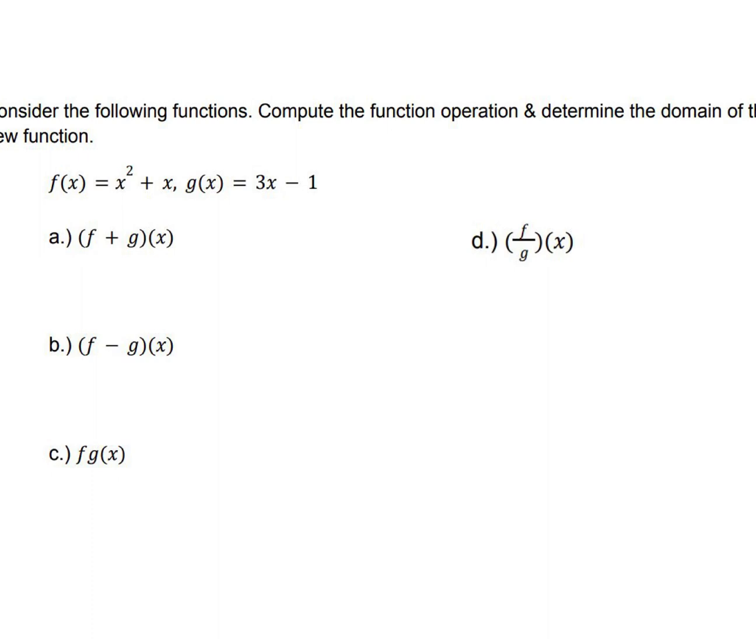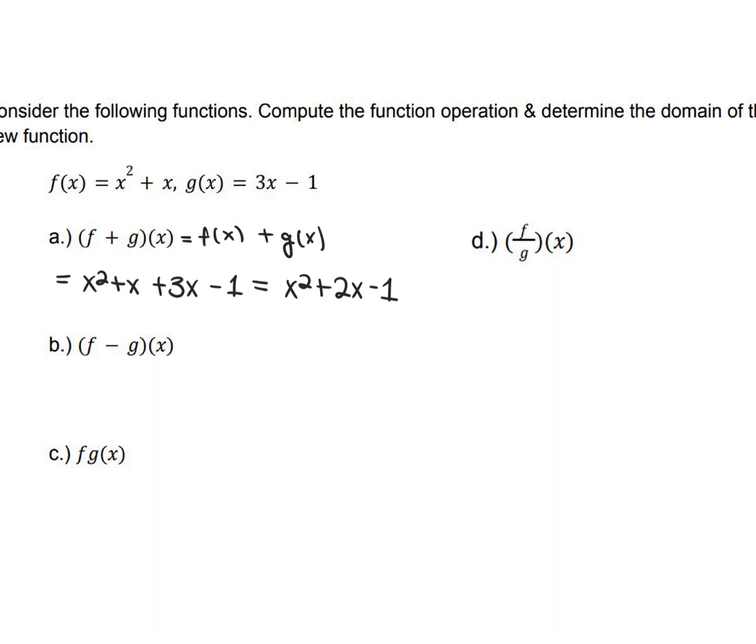So that's the same as f of x plus g of x, which is x squared plus x plus 3x minus 1, which is x squared plus 2x minus 1.